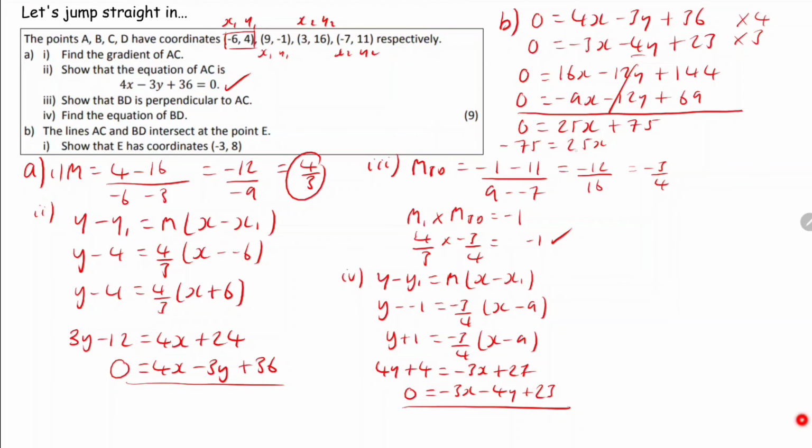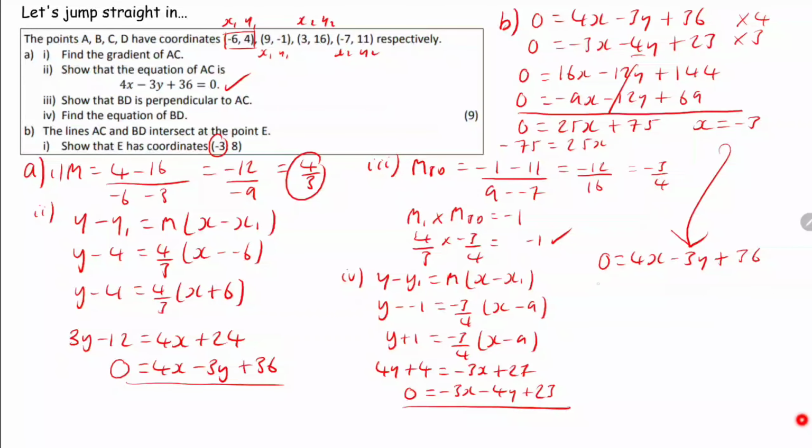And then minus 75 divided by 25 gives you x equals minus 3, which you can see is what we needed to get. So I'm going to come down here. Then to solve for y, you could use the first equation. So 0 equals 4x minus 3y plus 36.